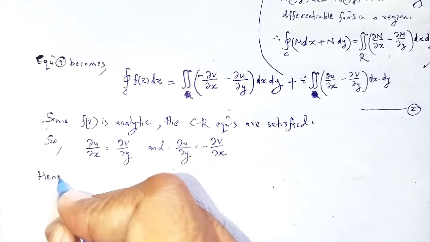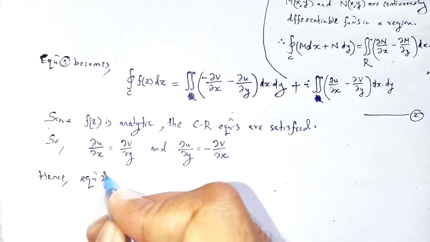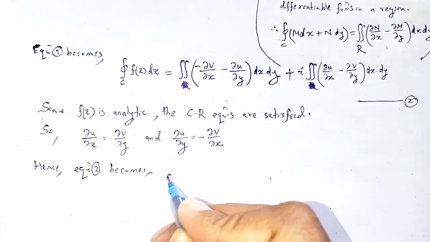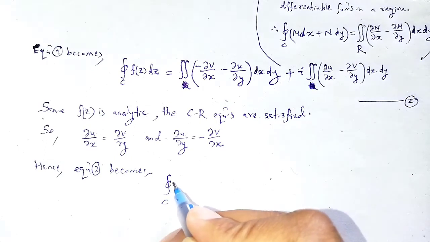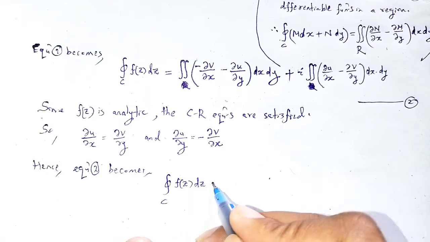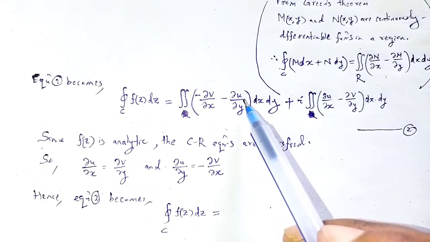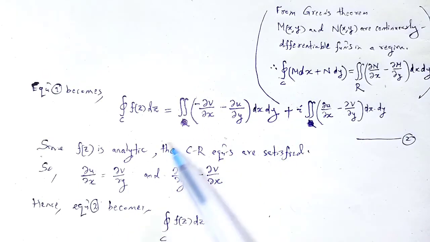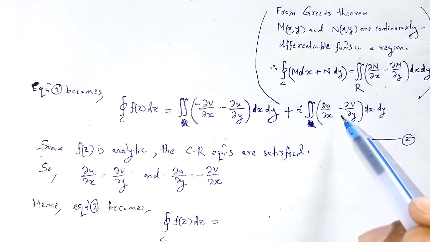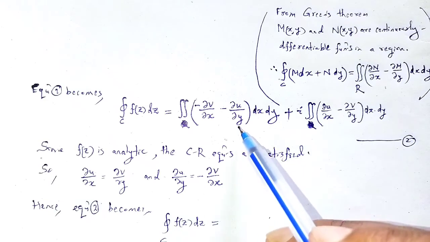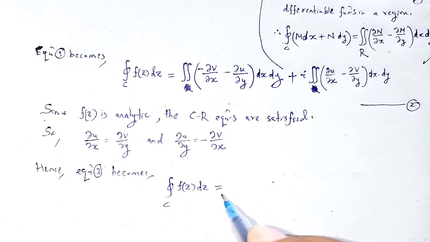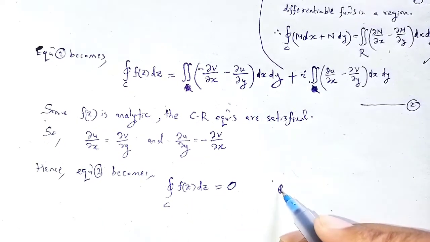Hence equation 2 becomes: the closed curve integration of f(z) dz is equal to, in place of ∂u/∂x I substitute ∂v/∂y, that will be 0. Again in place of ∂u/∂y I substitute −∂v/∂x, that is 0, again that term will be 0. So we have ∮ f(z) dz equal to 0, which is proved.